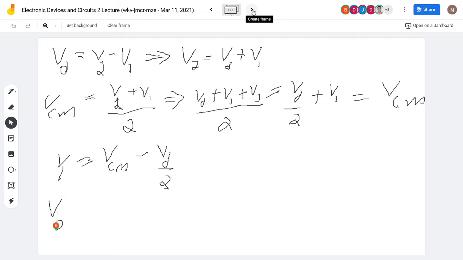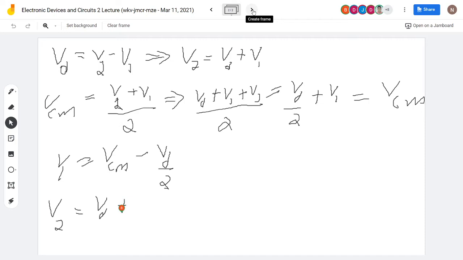Knowing what V1 is, we can write V2 now as VD plus V1.